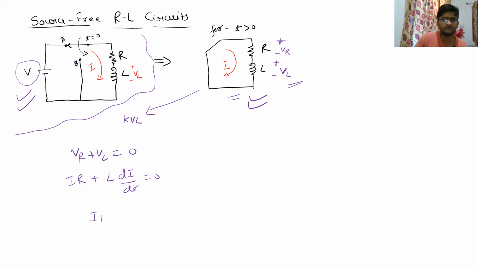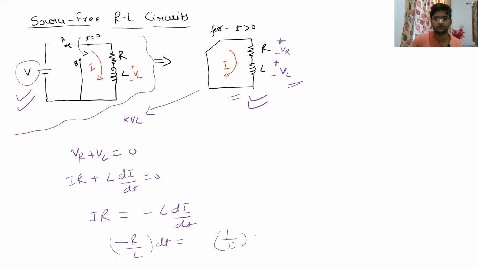I can write it as IR is equal to minus L di upon dt. So if I take dt here and take I here and L this side, what we will get is minus R by L into dt is going to be 1 by I into di, right? So this is what we are going to get.